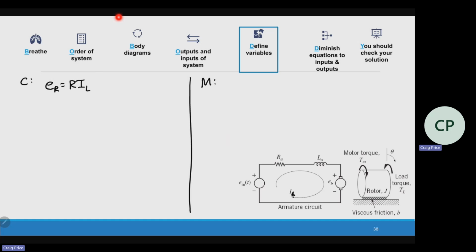I'm just going to call it IL. We have our voltage. And you could use impedance on this as well. You could have an LS plus R. That's totally fine. I'm just going to go back to what we were using last time in class.